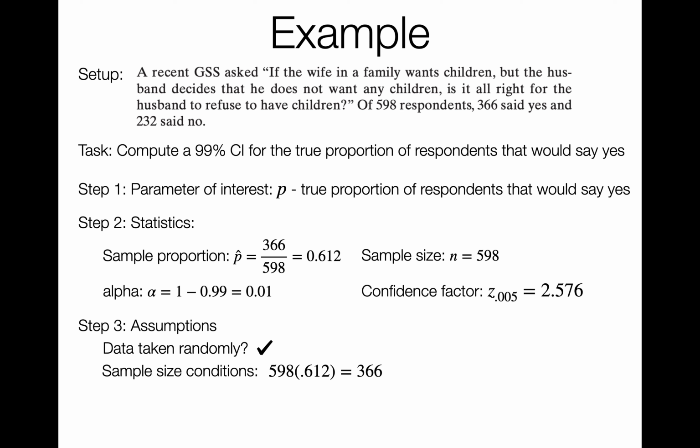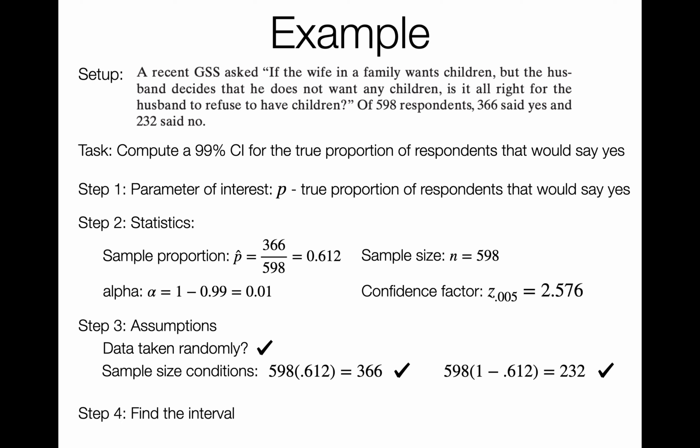So I take n and multiply by p hat and I get 366, which is greater than 15, so yes. And then n times 1 minus p hat is 232, which is also very much greater than 15. So everything's met, and I can move forward with my calculations.